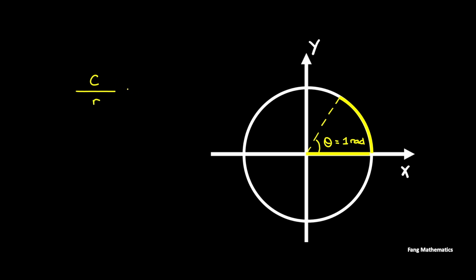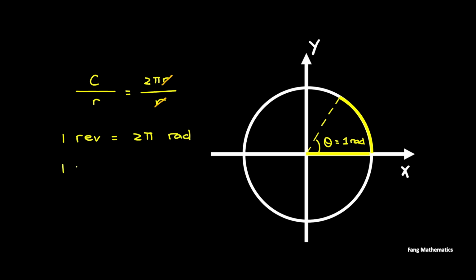In other words, this c can be rewritten as 2 pi r, and I believe you can cancel the r and r, leaving you 2 pi. Therefore, we say that one revolution is equal to 2 pi radian.